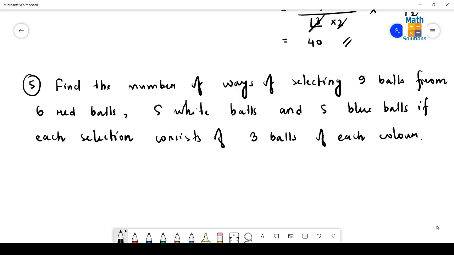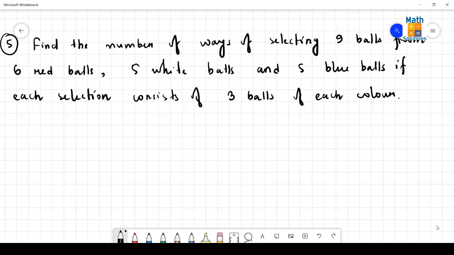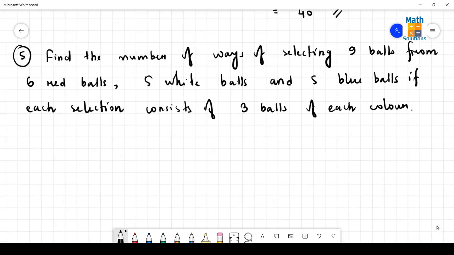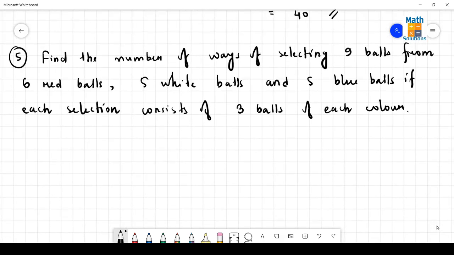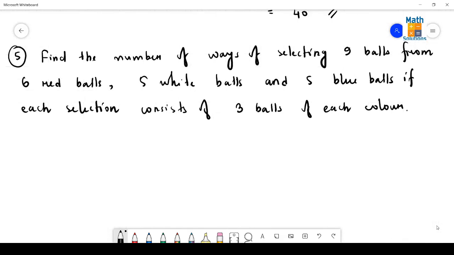So here in this case, what do I get? In total we have to select 9 balls from a total of 6 red balls, 5 white balls, and 5 blue balls.